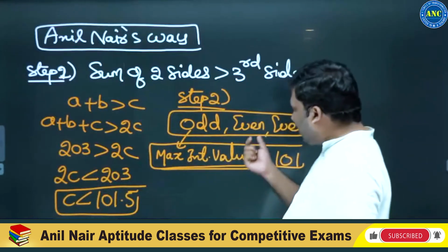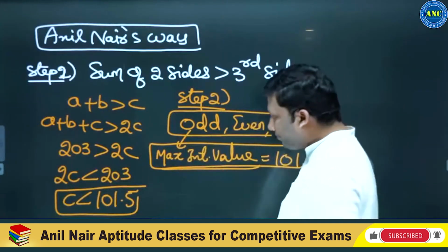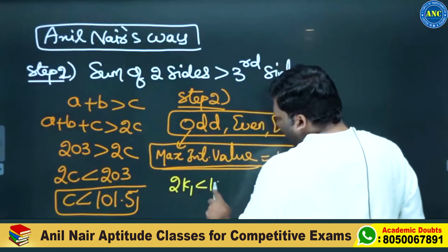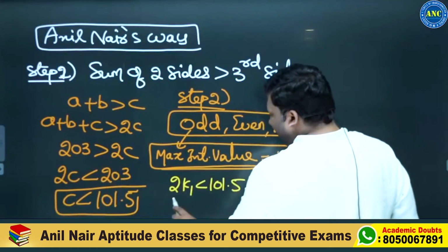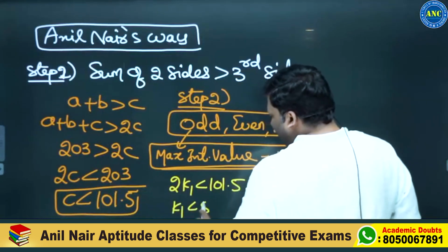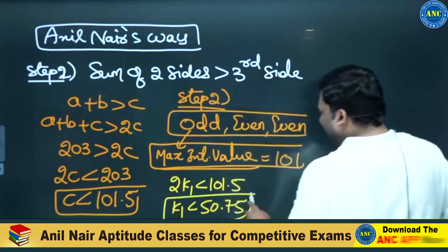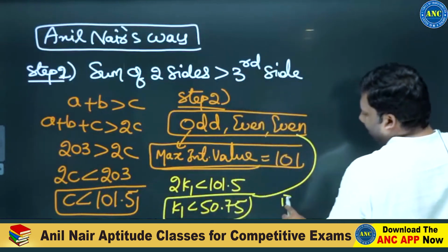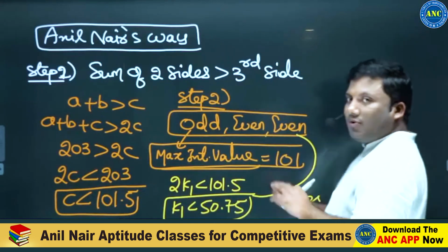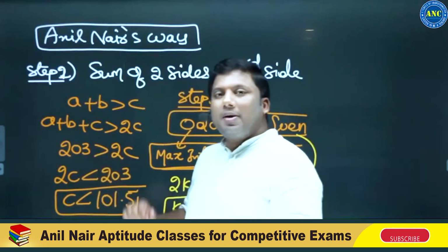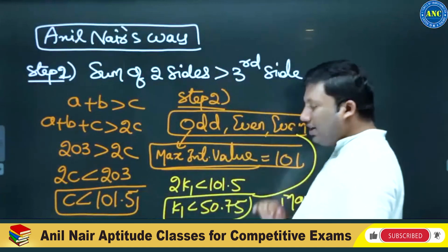First point, if it is clear. If it is an even number, it is 2k1, which is less than 101.5. k1 is less than 50.75. So there are three sides. One is an odd number, other two are even numbers. If it is an odd number, the maximum integral value is 101.